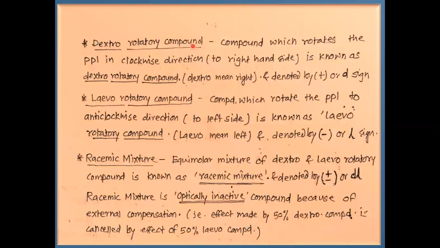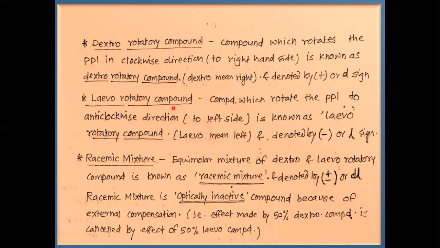Dextrorotatory compound: a compound which rotates the plane polarized light in the clockwise direction, that is to the right-hand side, is known as a dextrorotatory compound. Dextro means right, and it is denoted by a plus sign or D sign. D for dextro.